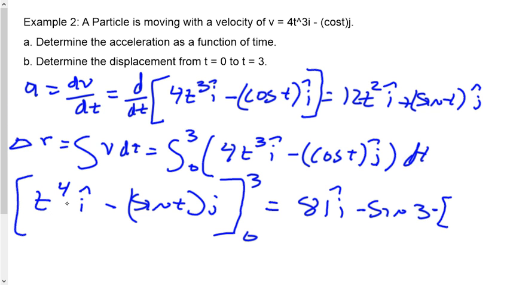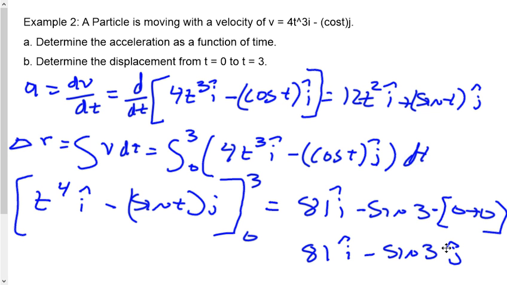So when I put in a 0 for t to the fourth, I get a 0. And I plug in a 0 for sine, I still get a 0. But I'll write this anyways for clarity. So 0 plus 0, that still equals 0. So our answer then is 81i minus the sine of 3 j. So that would be the displacement from time equals 0 to time equals 3.